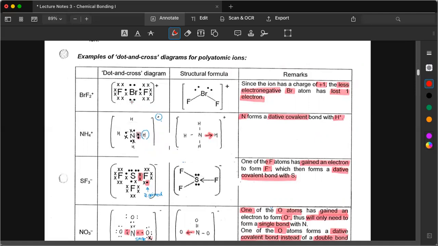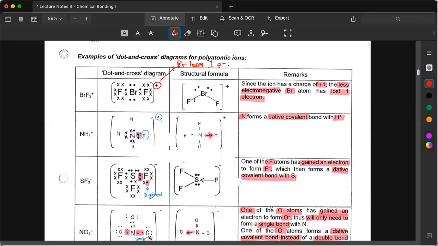So in this case, this is a charged species, all right? Bromine actually lost 1 electron. So it has 7 electrons, but you can see from the dot and cross, it lost 1. So the bromine loses 1 electron, and the octet structure is still achieved in this case.